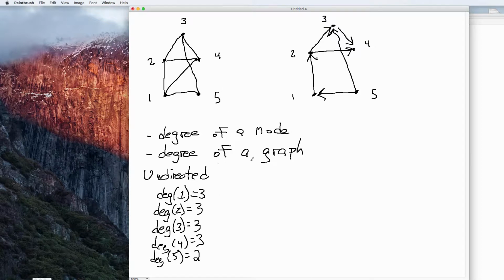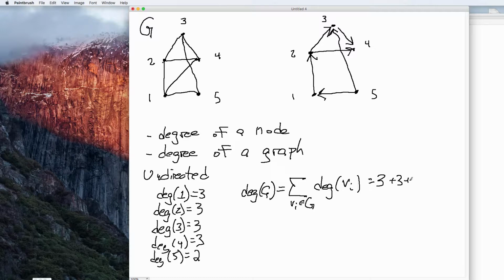Okay? And we talk about the degree of a graph. So if this is my G over here, we say that the degree of G is equal to the summation of the degree of all of the vertices in there, for v_i contained in G. So in this case over here, it would just be 3 plus 3 plus 3 plus 3 plus 2: 3, 6, 9, 12, 14.